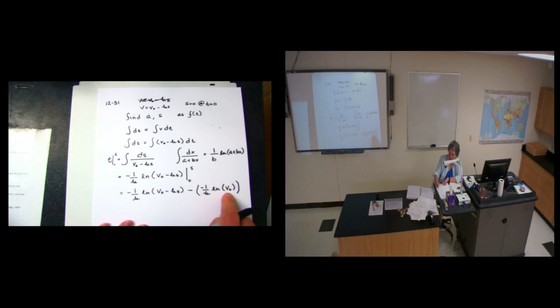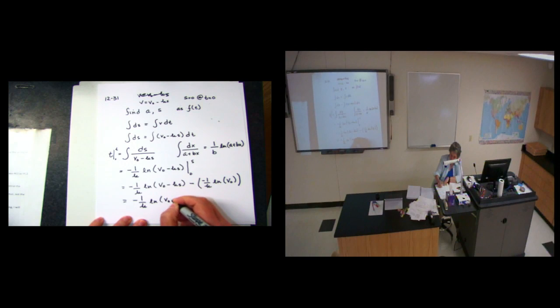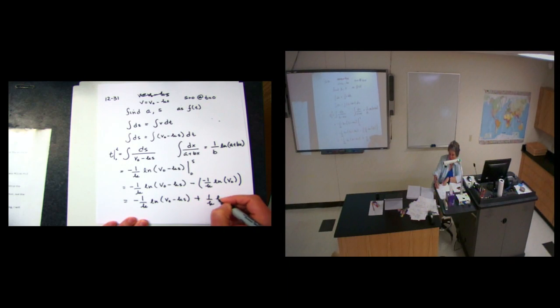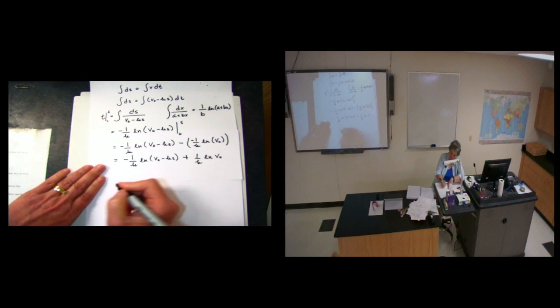So I'm going to end up with v naught minus ks is equal to v naught divided by e to the kt, which is going to be v naught e to the minus kt. And now I can just solve for s, and I'm going to ultimately get s is equal to v naught over k times 1 minus e to the minus kt.